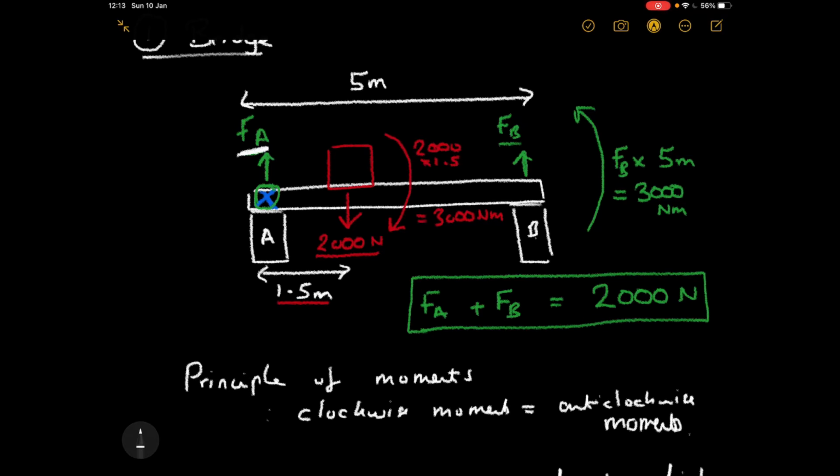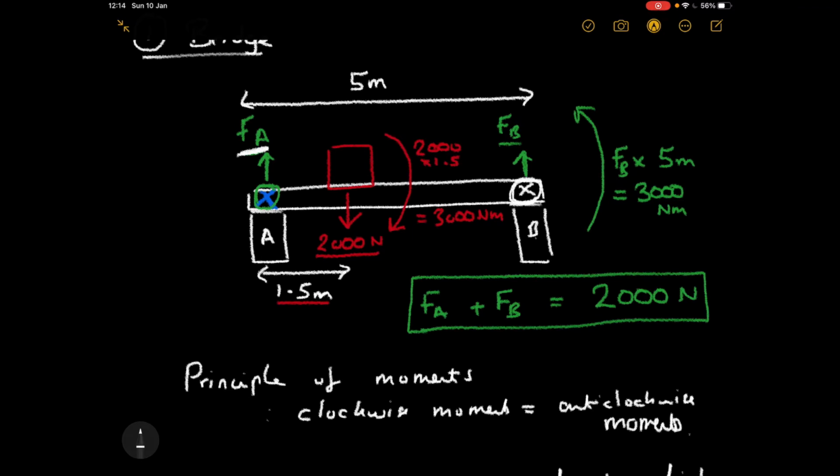Now, seems about right, but let's say, does it work? What would have happened had I taken this point? Let's imagine that I'd set B as being the pivot, and you can do that yourself.